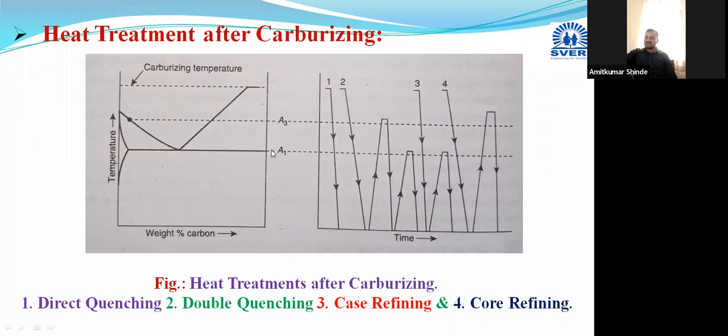Above the A1 temperature line we are heating, sufficient holding time is provided, and then it is slowly cooled.